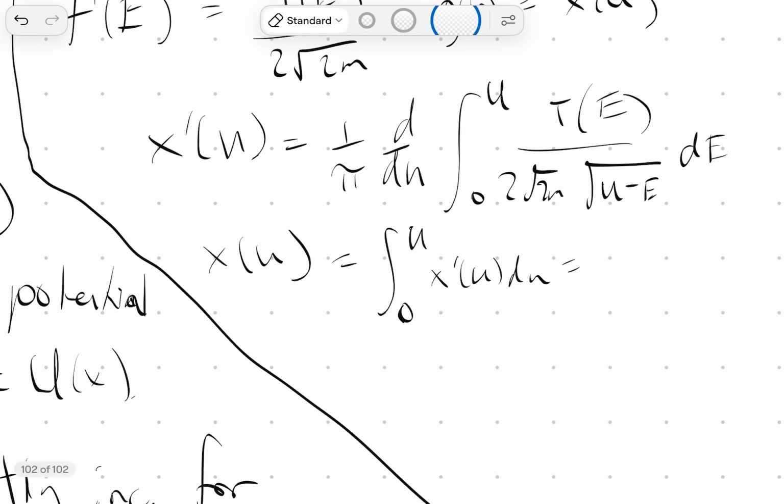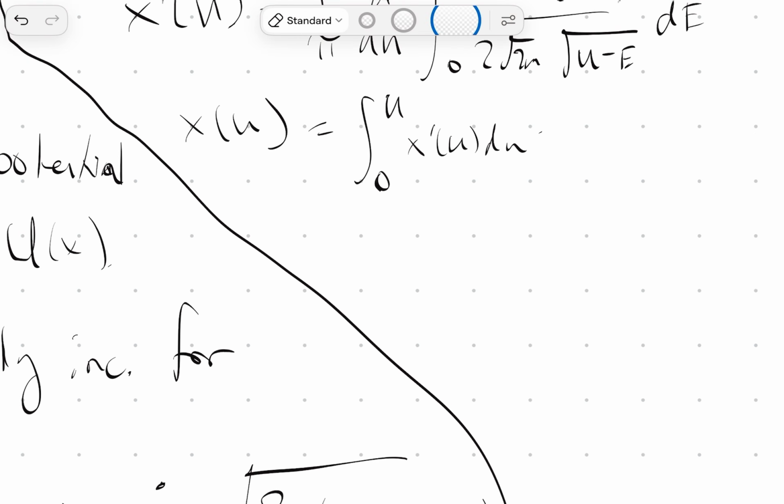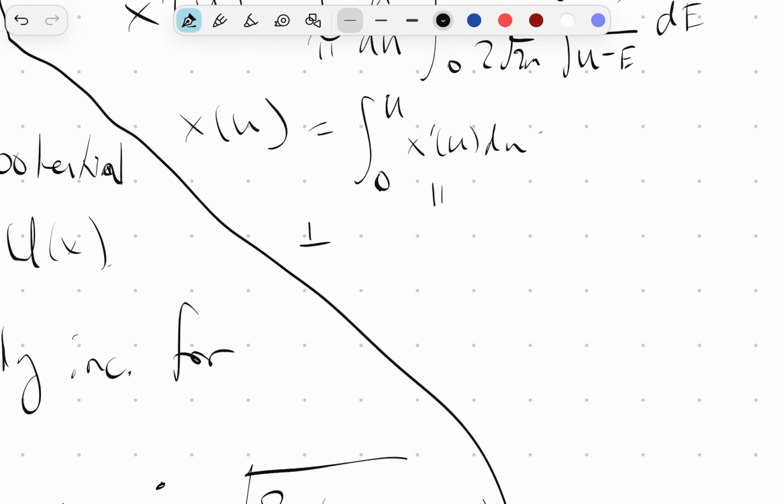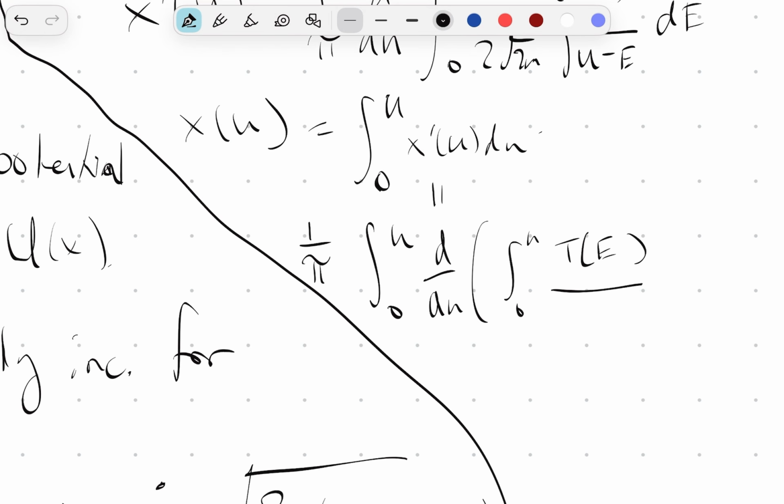We're getting a little crowded here, but the value of this integral will be 1 over pi, the integral from 0 to u du of the integral of T of E over square root of 2m times square root of u minus E, dE, integrated with respect to du.